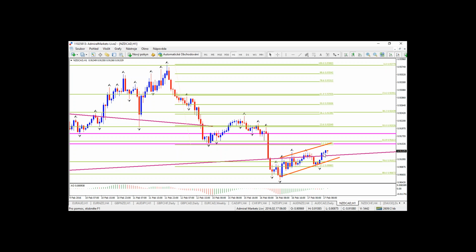So let's see how this goes. If it does break, obviously we got a good chance of continuing to the target. But if it breaks above this resistance level, then the tables could turn. So we'll have to see how price responds to these resistance levels.